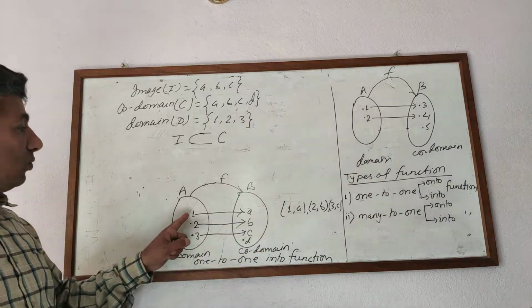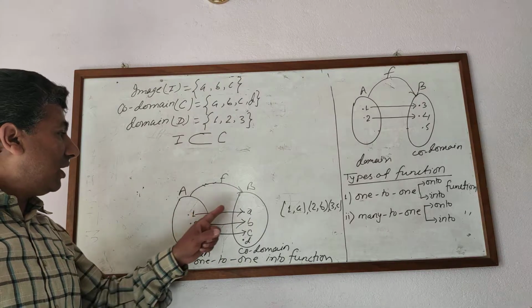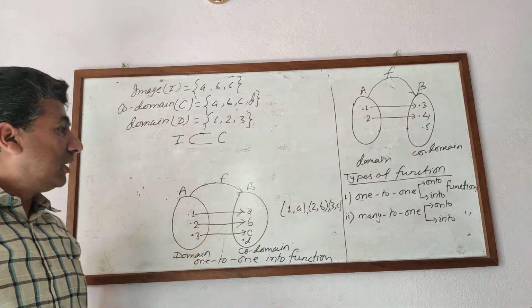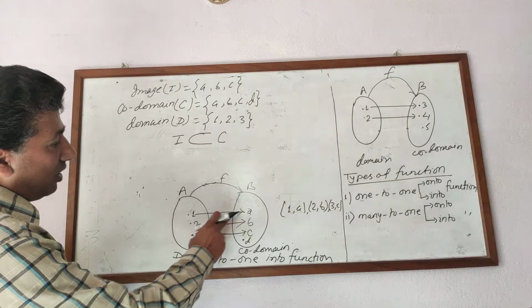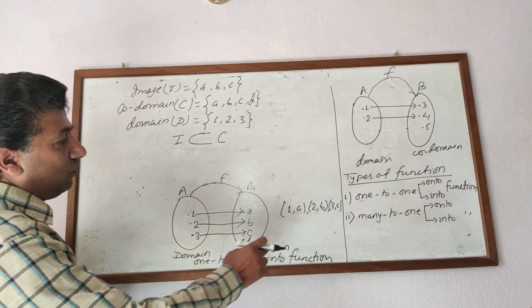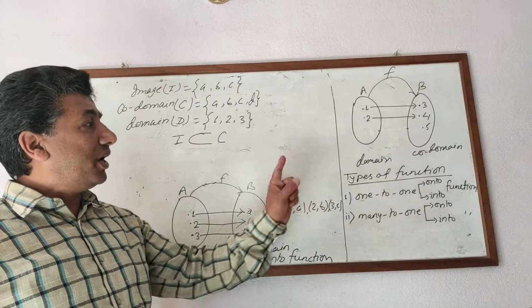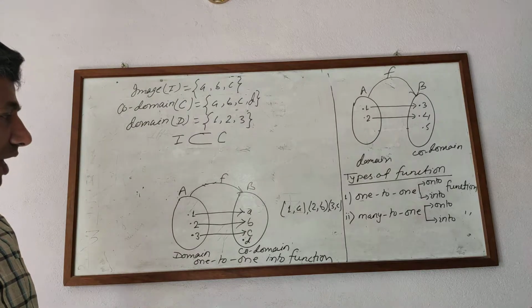Again, one domain, one unique image. 1A, 2B. Now these are ordered pairs. I have written in terms of ordered pairs. And this is the example of a one-one into function. Now again, I'll go to the next, many to one, onto and into.